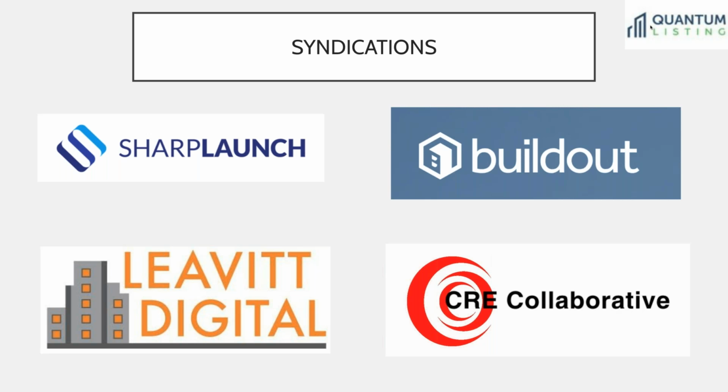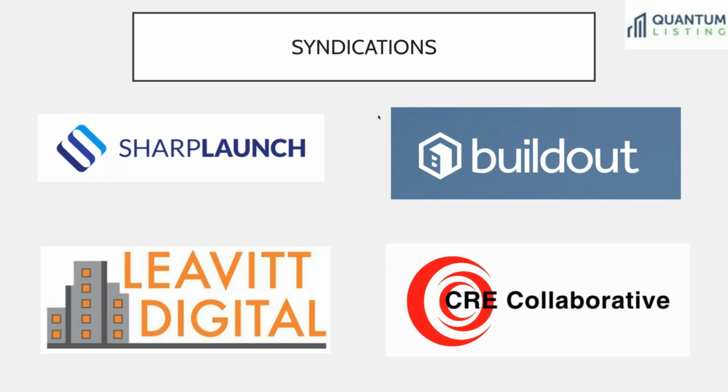In addition to being our own freestanding commercial real estate listing service, we've started building these syndication relationships with different partners. Let me tell you a little bit about those different partners. Sharp Launch and Buildout both do fantastic commercial real estate listing materials.